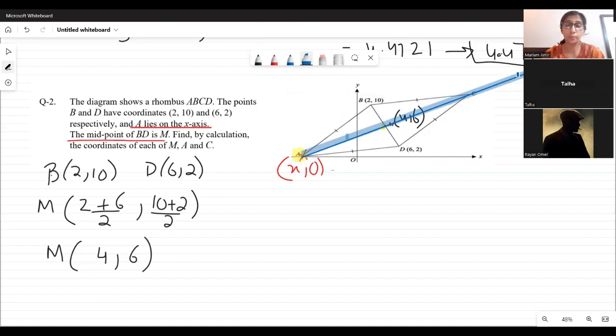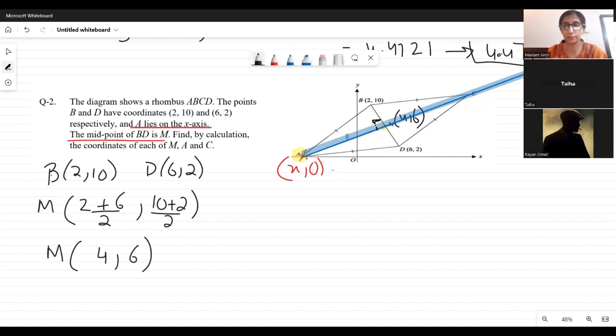One thing you need to know about a rhombus is that its diagonals are perpendicular. Or are they? Just give me a second. They are. Yes, the diagonals of a rhombus are perpendicular.